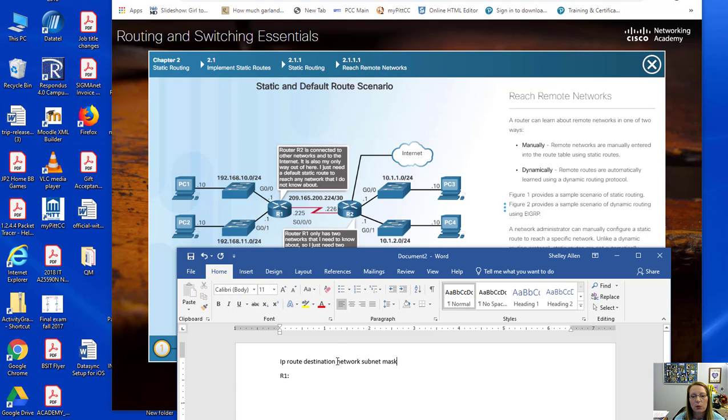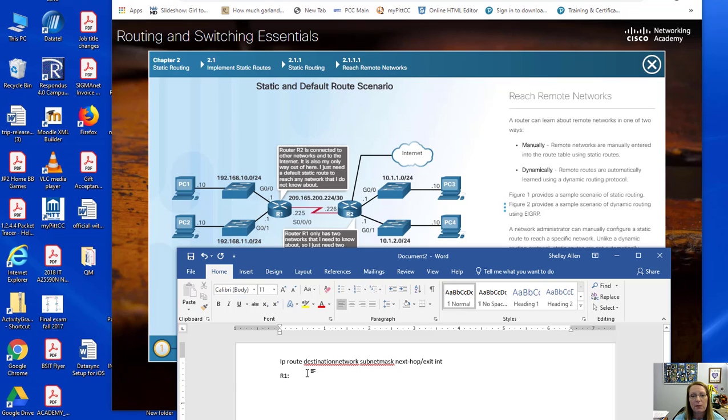Okay. I will put all of these together with no space just so you can kind of see where that's supposed to be. So IP route, destination network, space, its subnet mask, another space, and then next hop or exit interface. And I'll talk more about that.